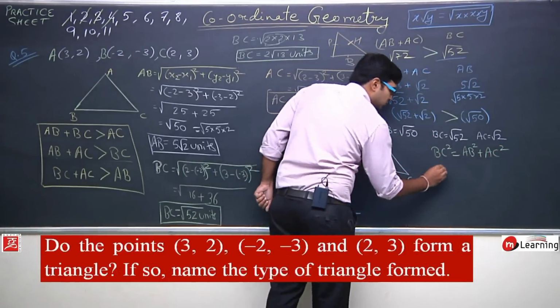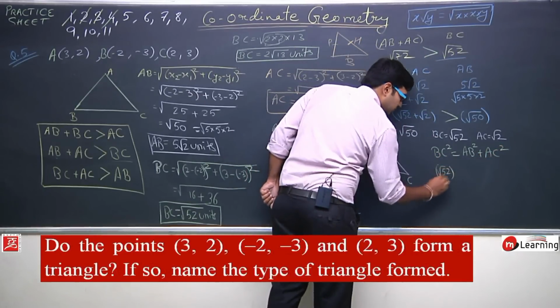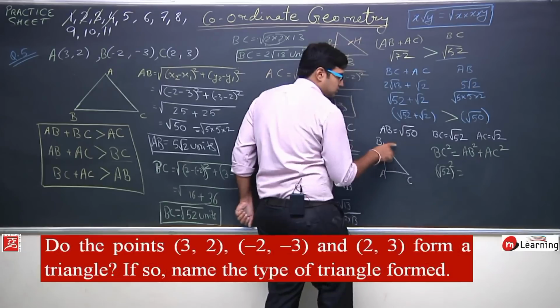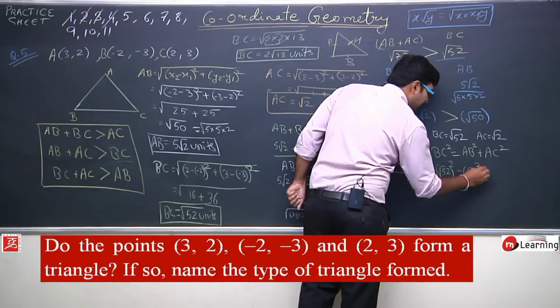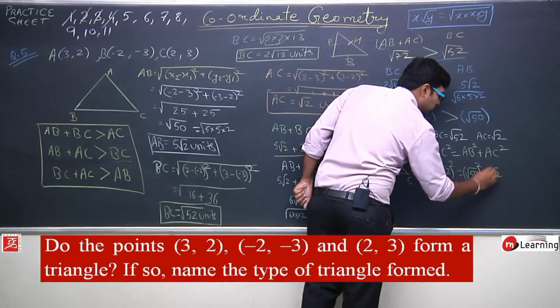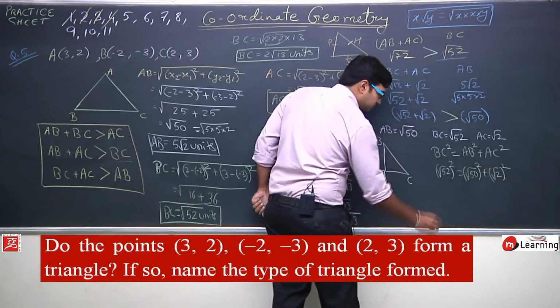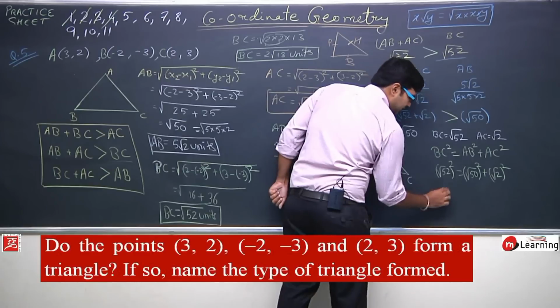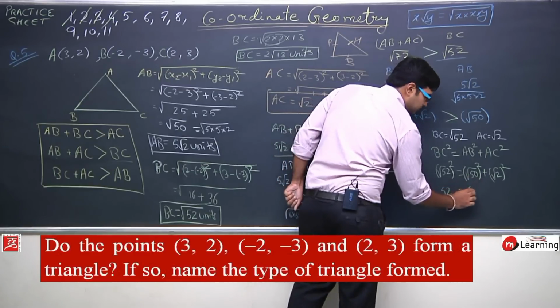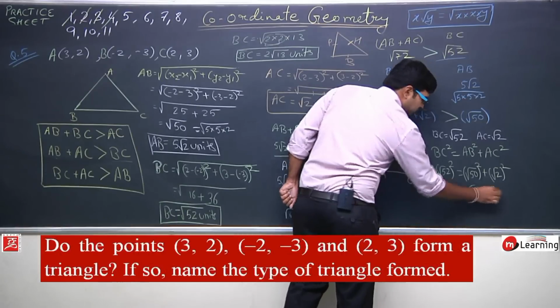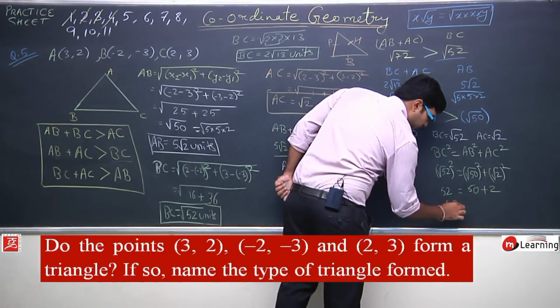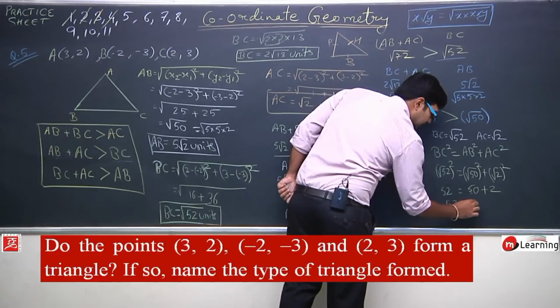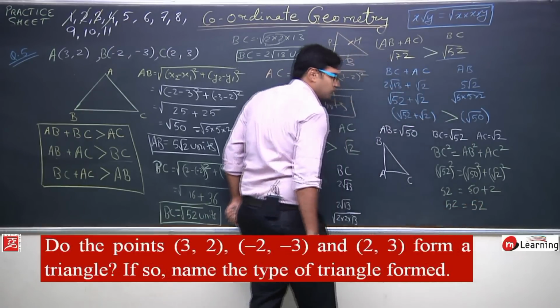Now BC square is root 52 square, AB square is root 50 square and AC square is root 2 square. Now root 52 square is 52, equal to root 50 square which is 50, plus root 2 square which is 2. So you can see this becomes 52 equals 50 plus 2, which is 52.